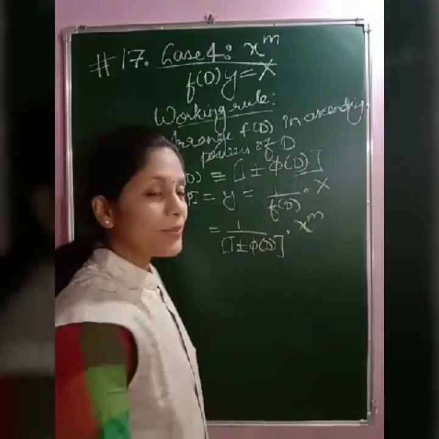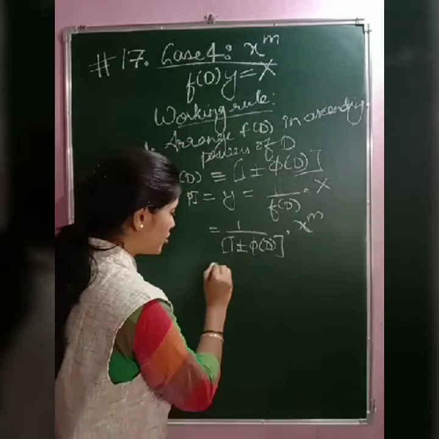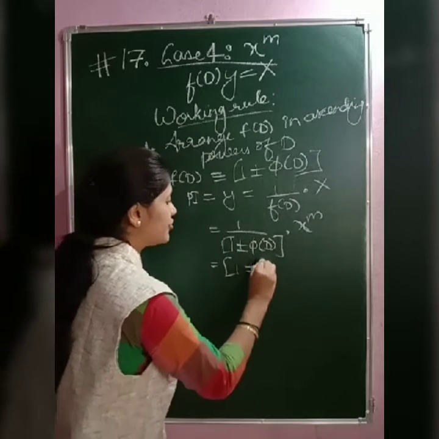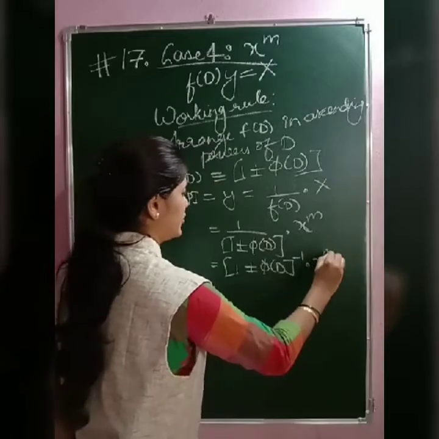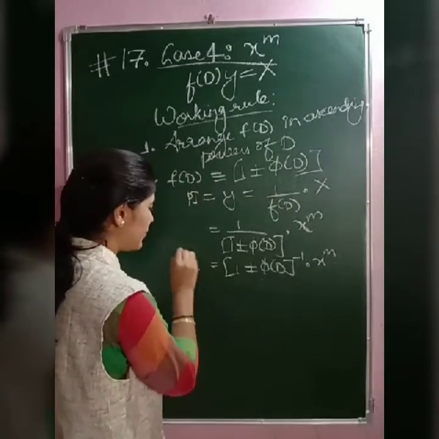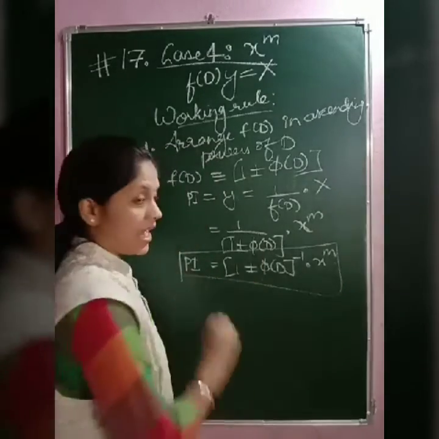So what is the 1 plus or minus phi D form? It can also be written as 1 plus or minus phi D whole inverse of x raised to m. So this is nothing but our PI.